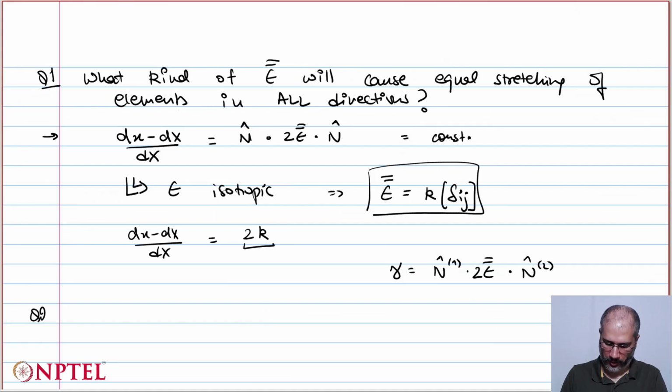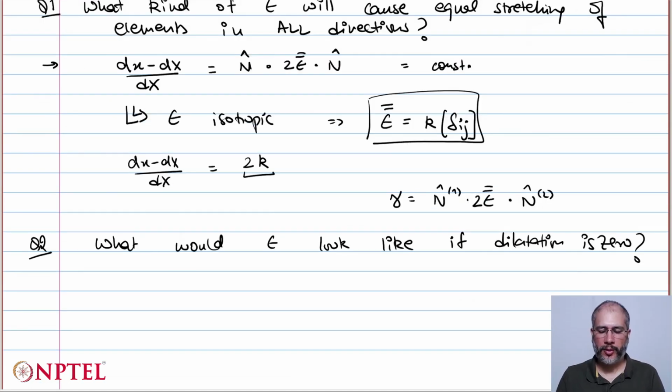And the second question is, what would epsilon look like if the dilatation is 0? Dilatation was the change in volume upon initial volume, or the volumetric strain. So what kind of mathematical form of epsilon would give us a deformation where the dilatation is 0 everywhere? That means all volume elements will have the same volume in the deformed configuration.